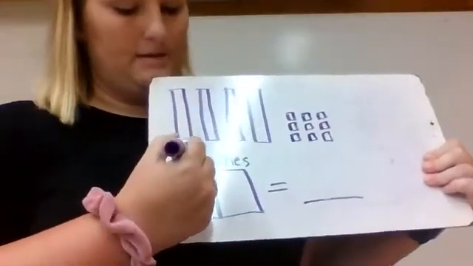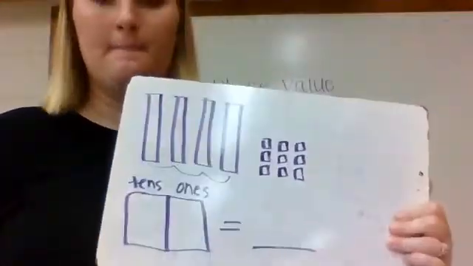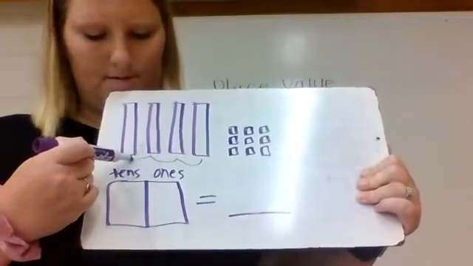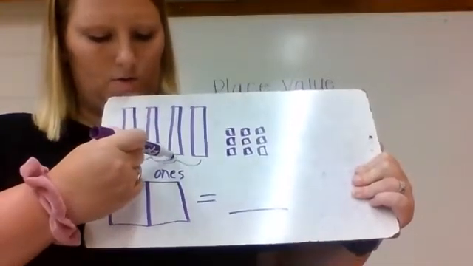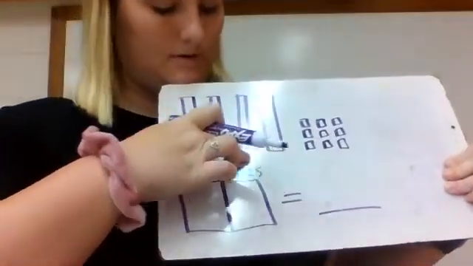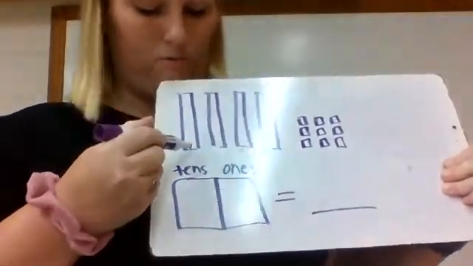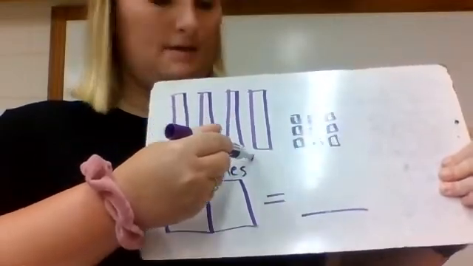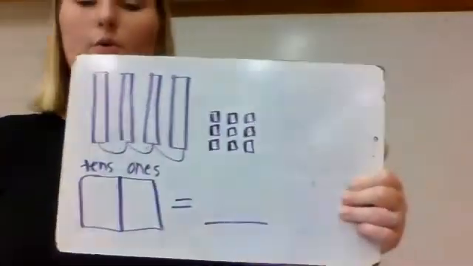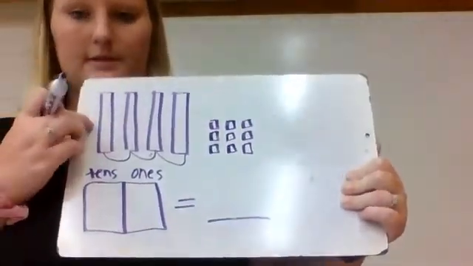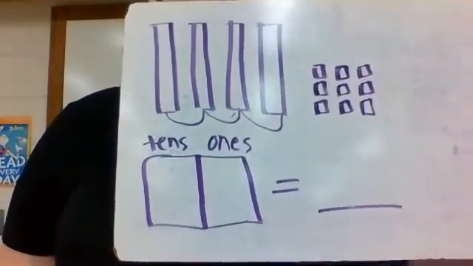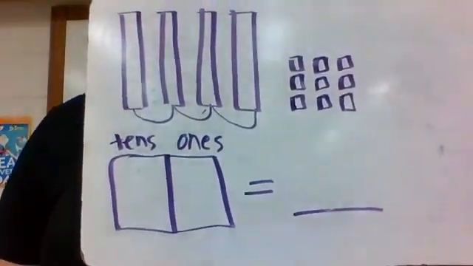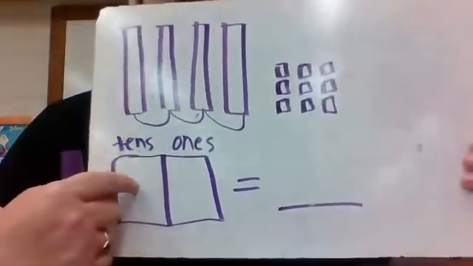How many of these blocks do you see? Count them with me. 1, 2, whoops. I'm sorry, I completely messed that up. We have 1, 2, 3, 4. 4 blocks, 4 10s. Where do we write that? Point to the screen. Right here.